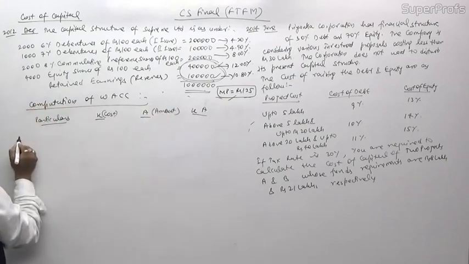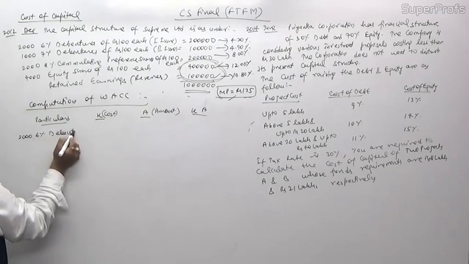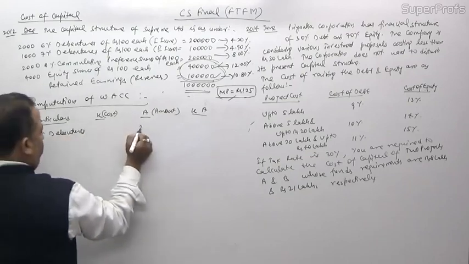The first component is 6% debentures. The amount is rupees 2 lakh.